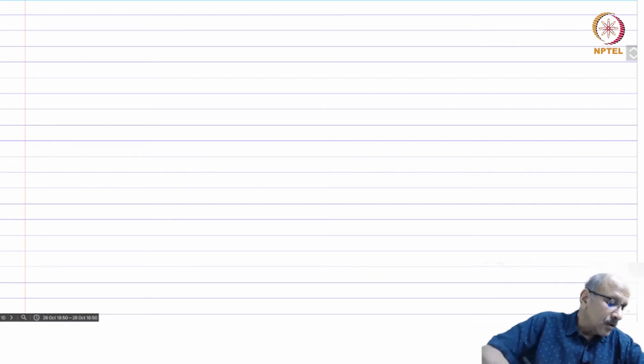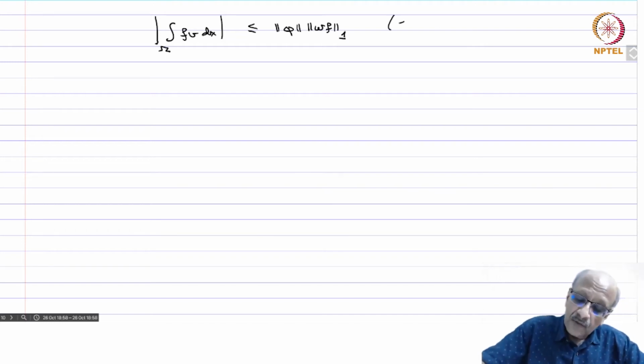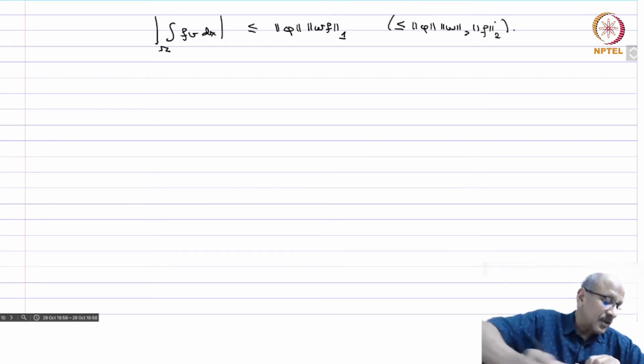So the modulus of the integral of Fv dx over omega is less than or equal to norm phi times norm WF in L1, which is less than or equal to norm phi times norm W in L2 times norm F in L2. We have already seen this.